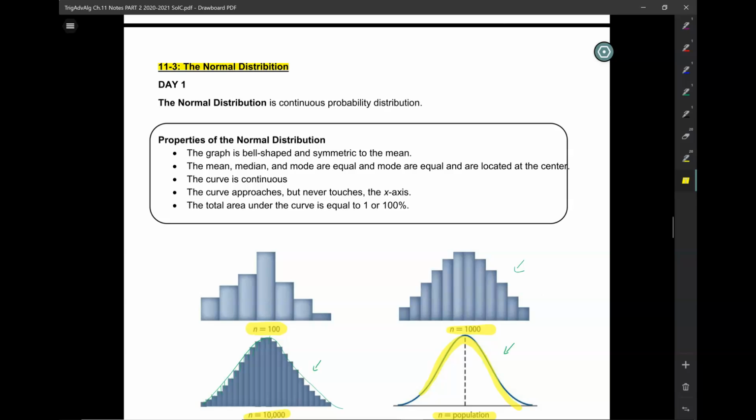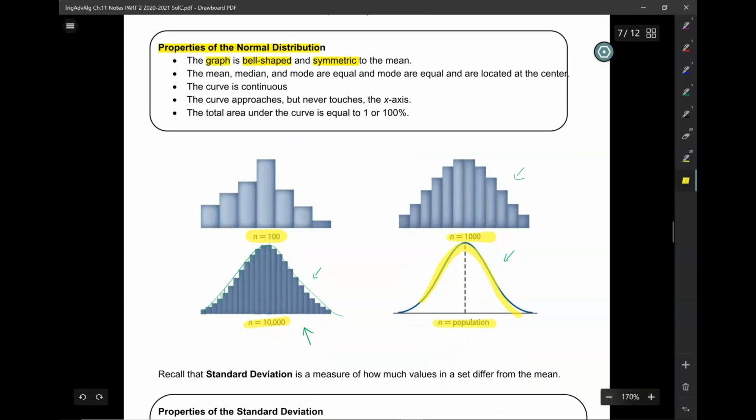So let's see what that is. Some properties of the normal distribution. First of all, the graph is bell-shaped, which means it's symmetric to the mean. So the mean is in the middle here, and the shape is symmetric around the mean.